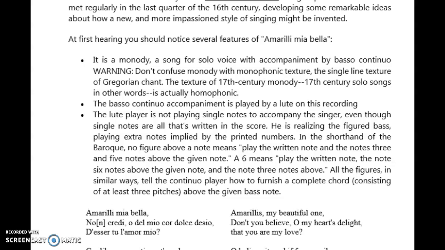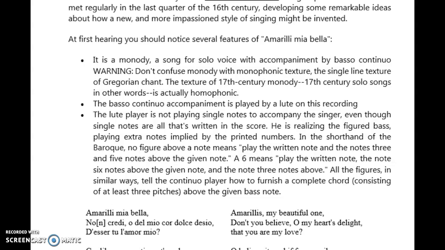In the shorthand of the Baroque, no figure above a note means playing the written note and notes 3 and 5. So if I have a note, I play 1, 3, 5. A 6 means playing the written note and the note 6 above the given note. And they omit the 3 here, but it's actually 6-3 because you have to put the 3 with that chord.